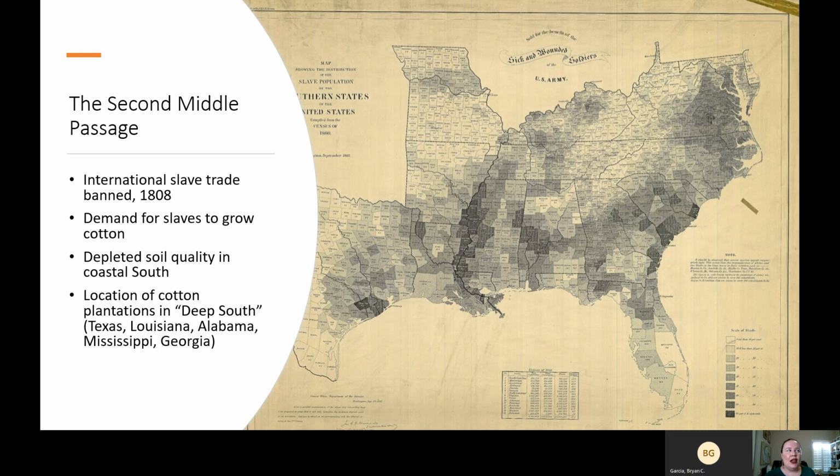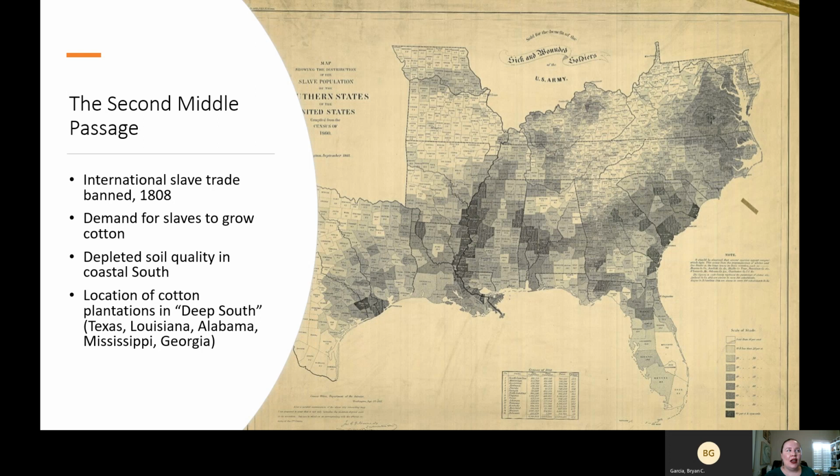So as cotton production starts to shift southwest, we're going to see the center of slavery shift southwest as well. And this is what scholars call the Second Middle Passage, because for about 200 years after the first introduction of slavery in the early 1600s, for the most part, slavery was kind of contained to the coastal South, so like Virginia, the Carolinas, areas of Georgia, and pretty stable in terms of slaves.